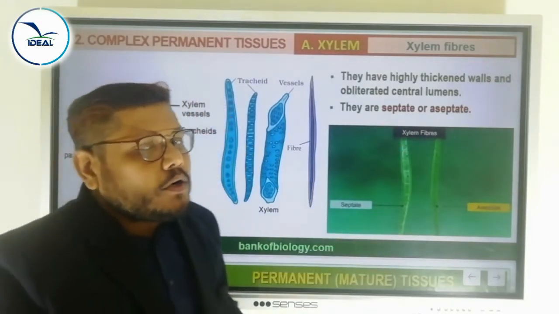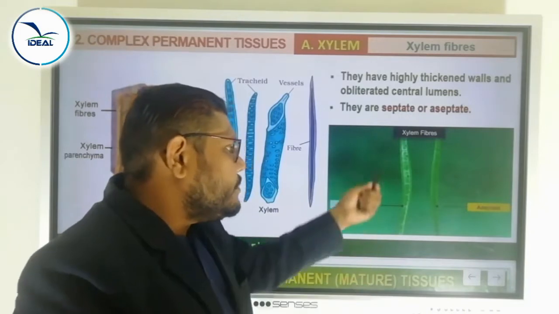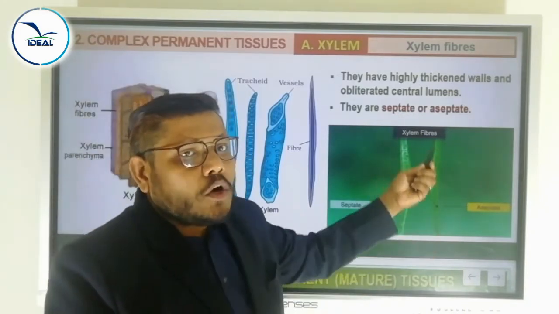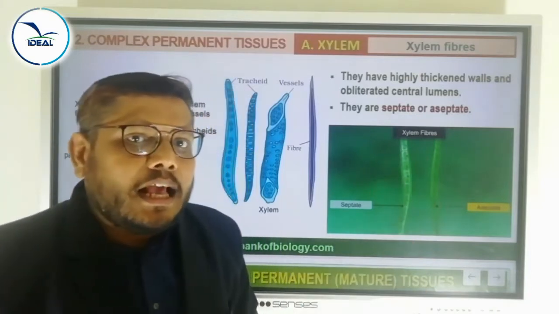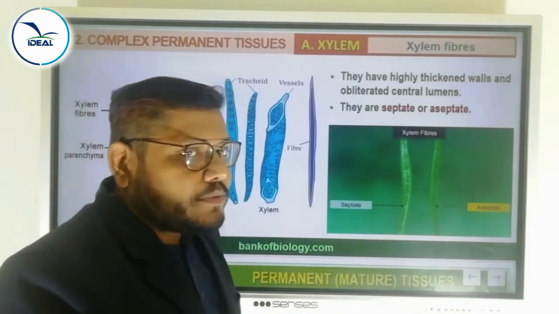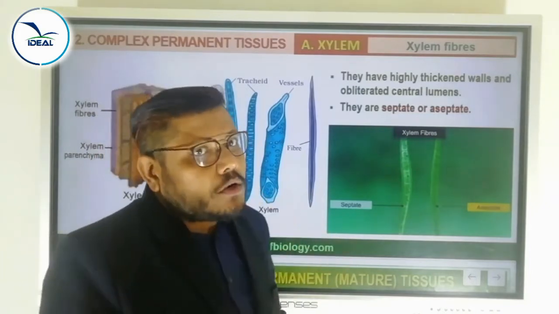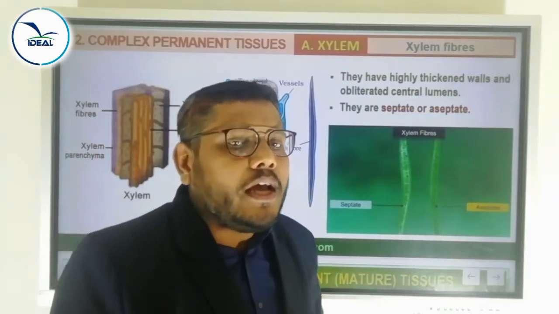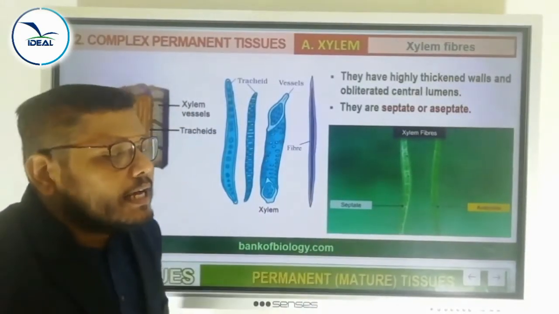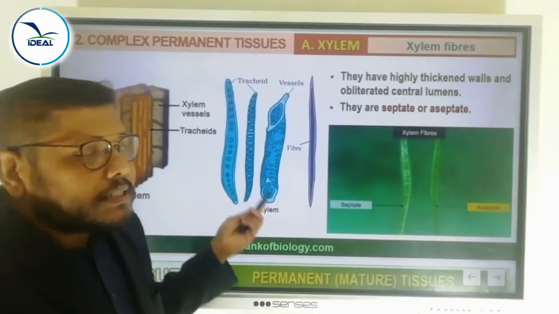What is septate or aseptate? Septate means there is a cross wall between the cells. Aseptate means there is no cross wall between the cells, that is, without cross wall. So some of the cells are in septate condition and some are in aseptate condition. So what is xylem fiber?